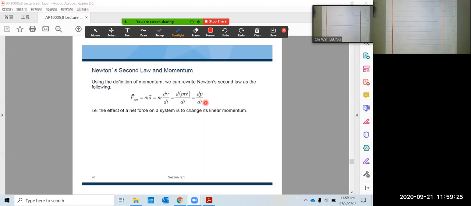So there would be a change of linear momentum. So the situation can occur. That is something that we are trying to generalize. But at least at this level, we will be more focused on the case where the mass is kept constant. So F equals ma, or whether it's equal to the rate of change of linear momentum, makes little difference.